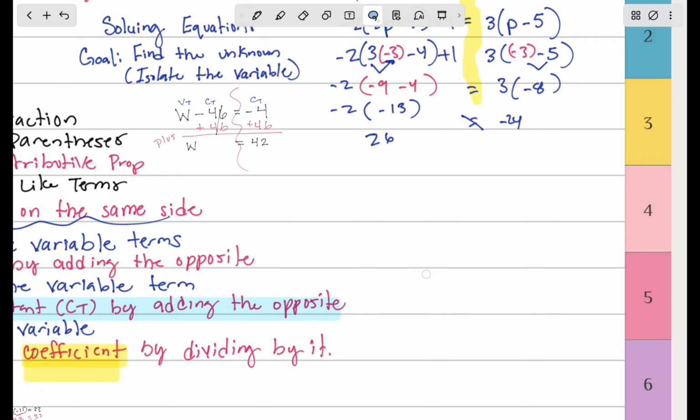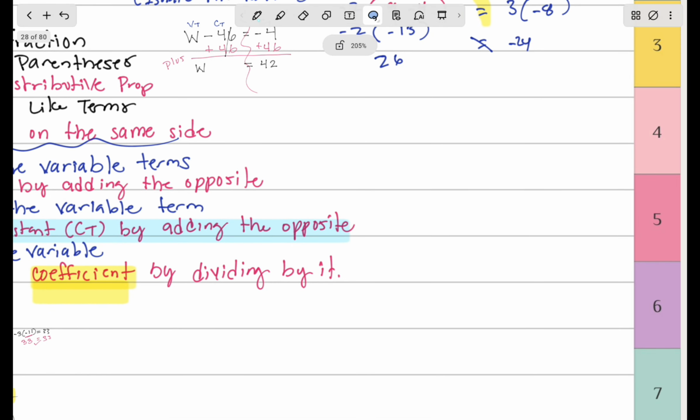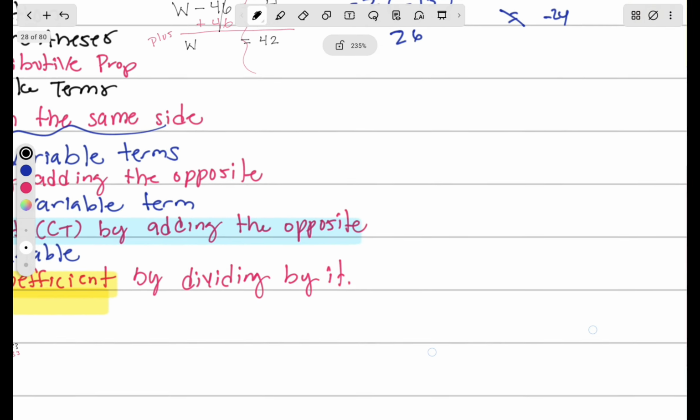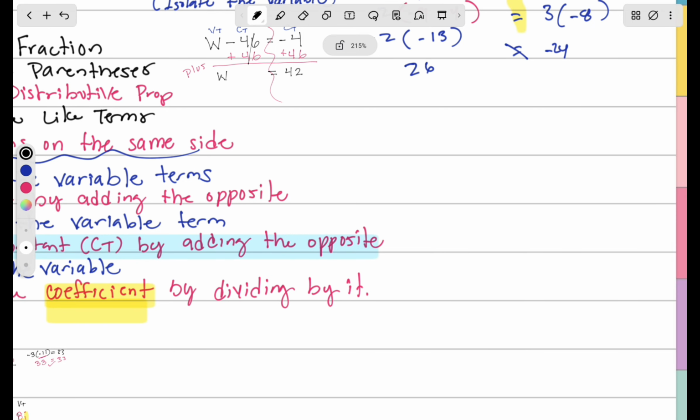All right, let's do another one. Remember, we focus on rules 4, 5, and 6. So if you have a problem that says negative 10 is equal to 17 plus V. All right.